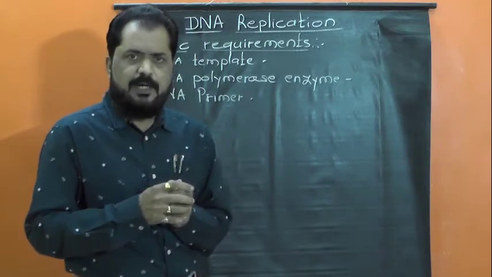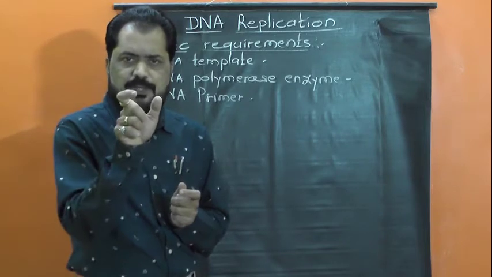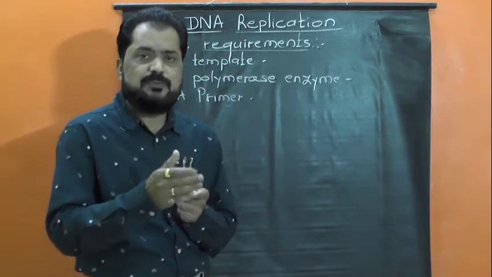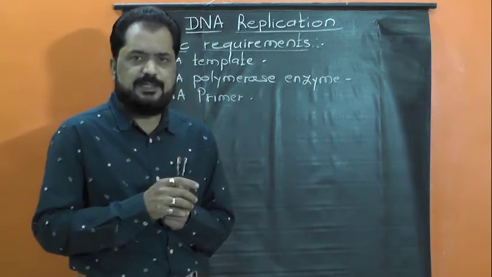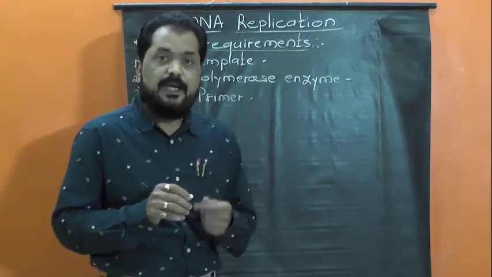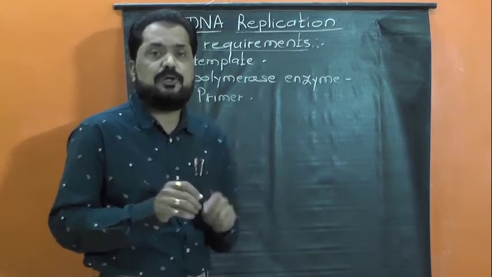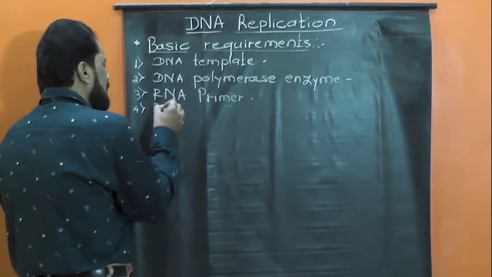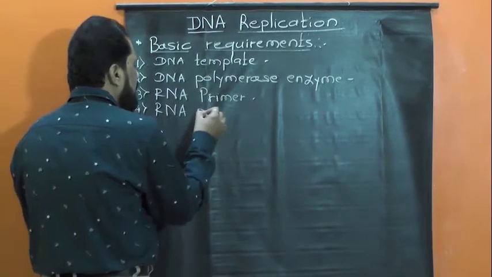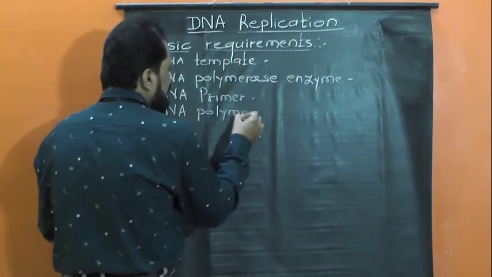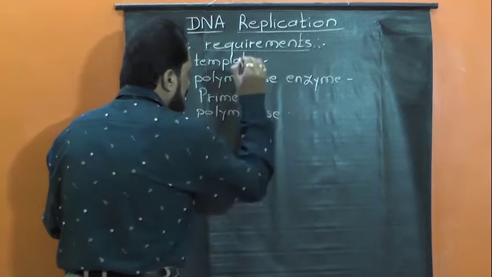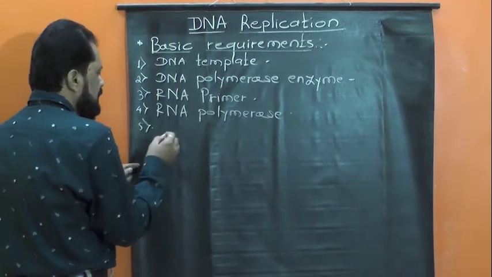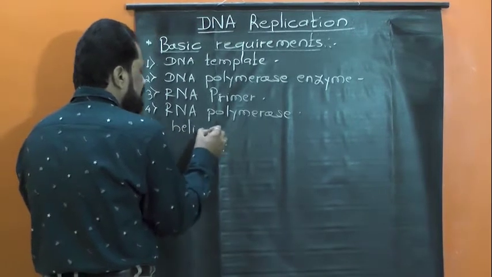RNA primer हा RNA मॉलिक्यूलचा छोटासा सेगमेंट आहे आणि हा प्रत्यक्ष रेप्लिकेशनची प्रोसेस सुरू होण्यासाठी त्या ठिकाणी आवश्यक असतो. And for the synthesis of this RNA primer, again it requires another enzyme known as RNA polymerase.